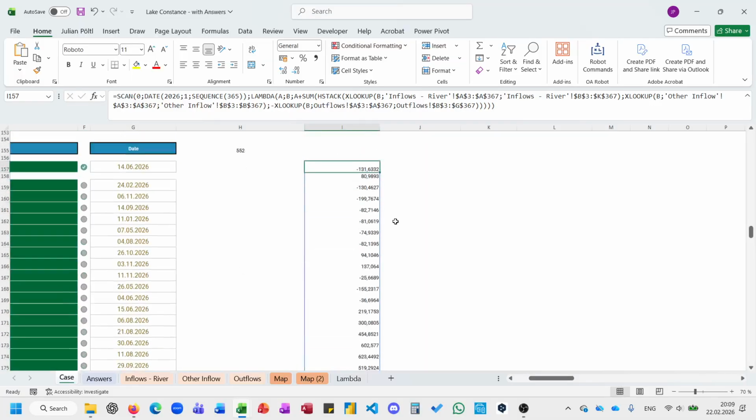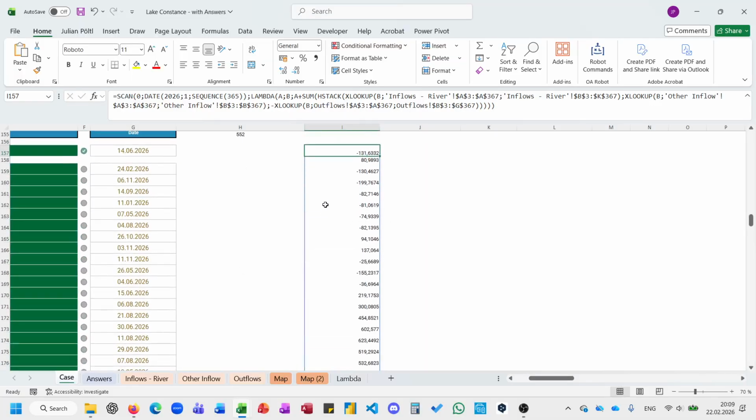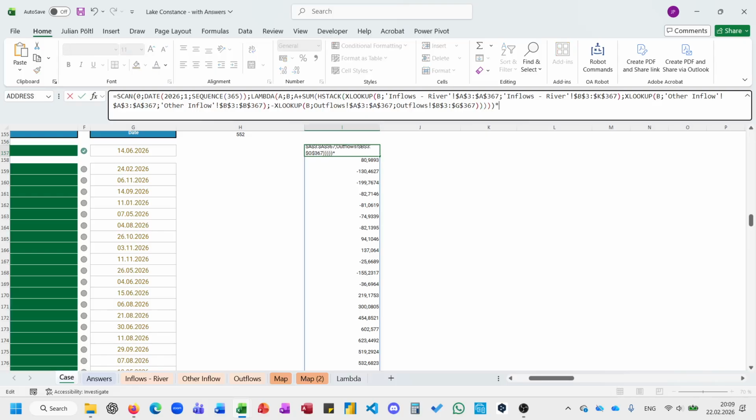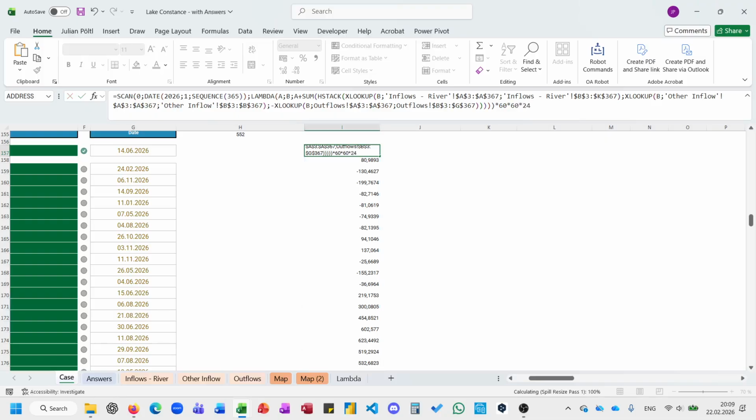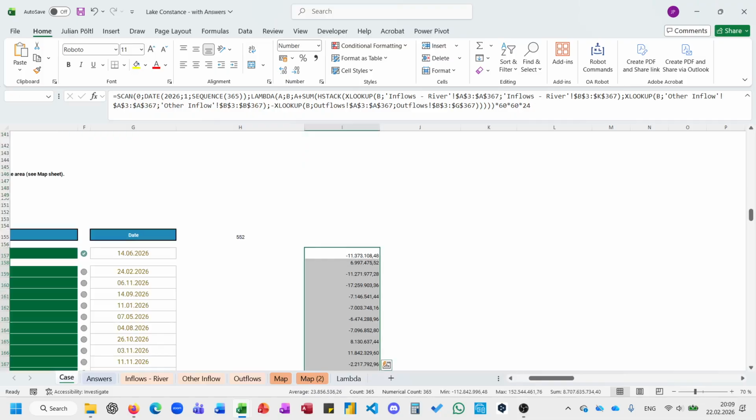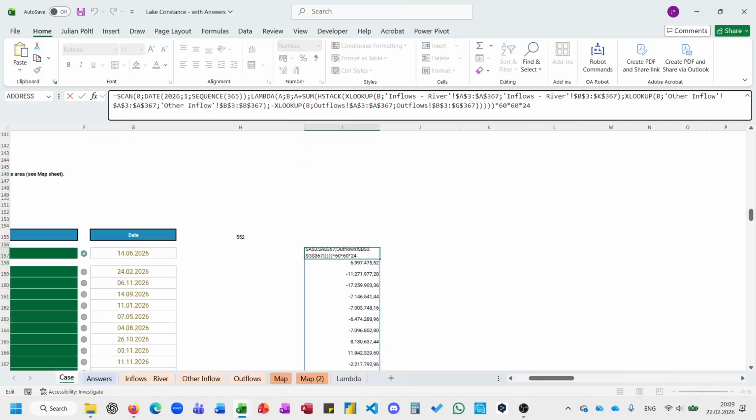Now you have to be careful. This is the running total in cubic meters per second. Now times 60 times 60 times 24 is in cubic meters per day. Now we know how large the Bodensee, Lake Constance, is: 552 square kilometers.